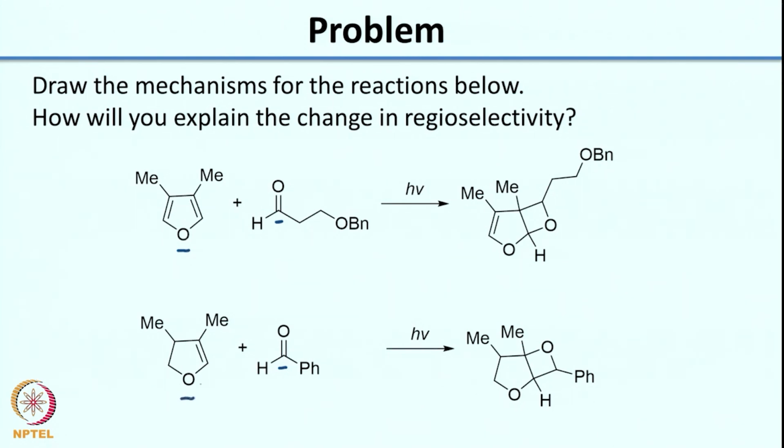So, the difference between these two is, in this case you have two double bonds, whereas in this case you have only one double bond. So, I would like you to go ahead, press the pause button and then try to solve both these problems and rationalize the regioselectivity. So, hopefully you had time to work out both of these problems. So, now let us try to rationalize the regiochemistry.